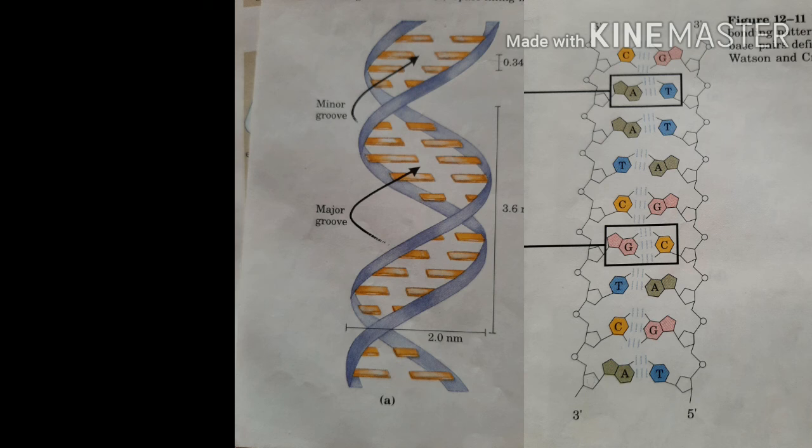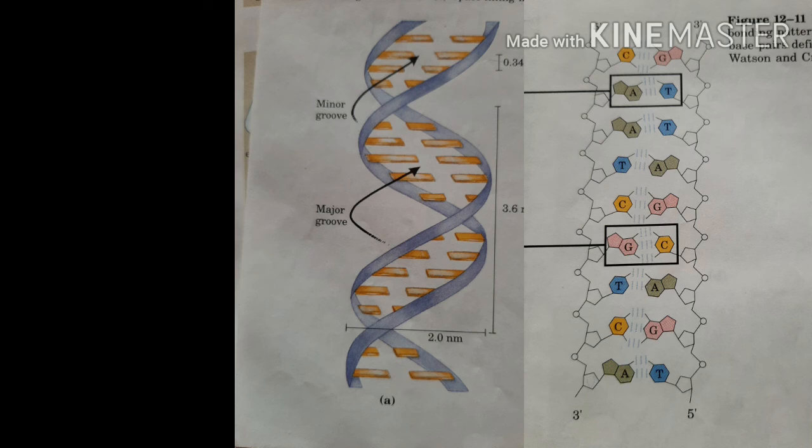Each turn of spiral has a distance of 34 angstrom. Each turn means starting from a point to a 360-degree turn. When completed, it means a complete turn.